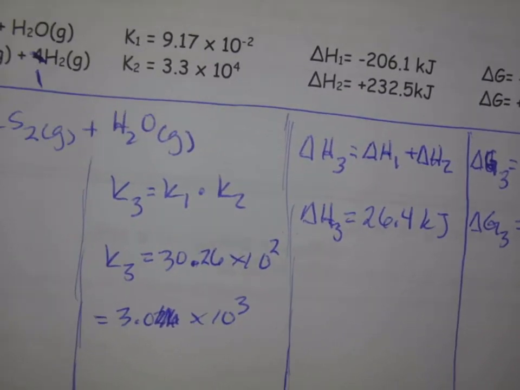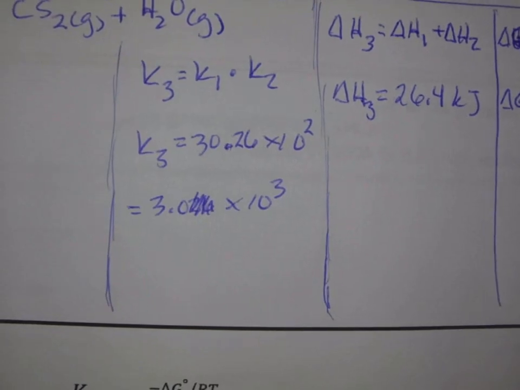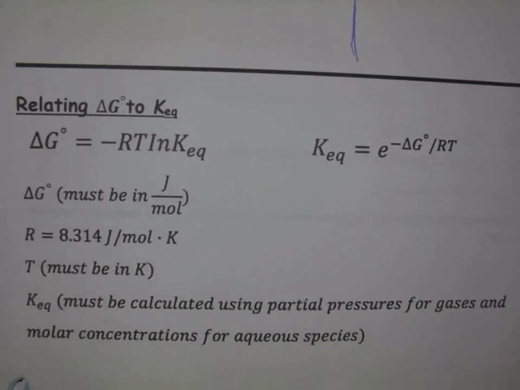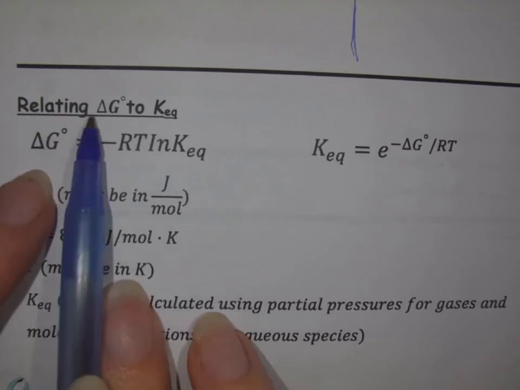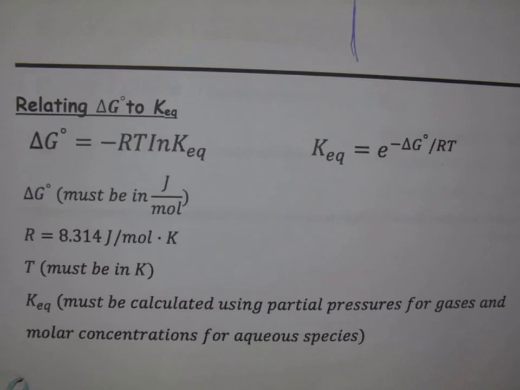All right, last concept. There's a relationship between delta G and K, and these equations are in your blue reference guide. But what I need you to know is that you don't have to actually calculate with these. We just have to understand this relationship. How can we relate delta G to our K? All right.